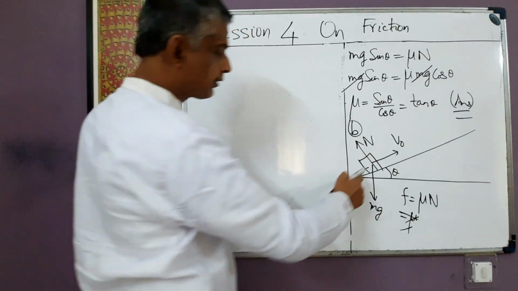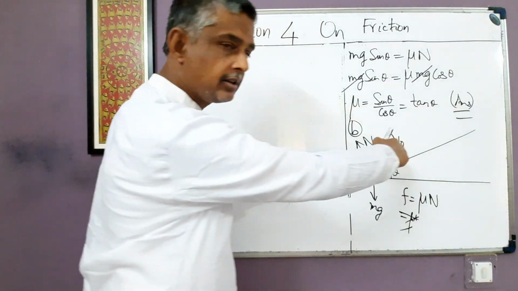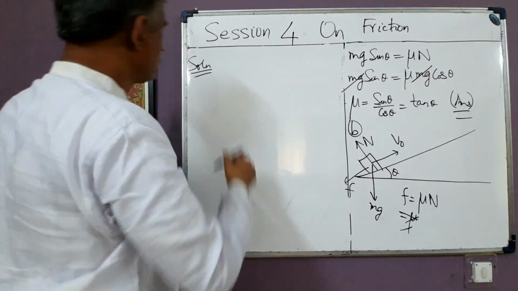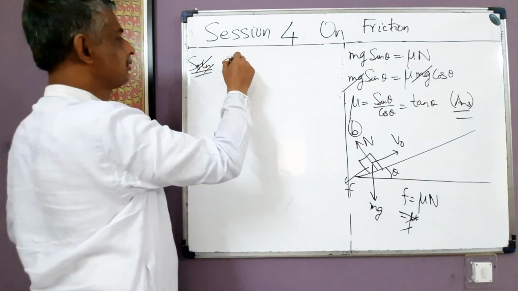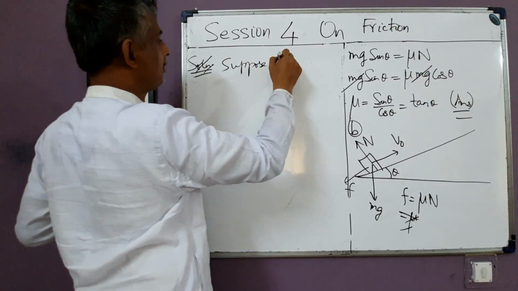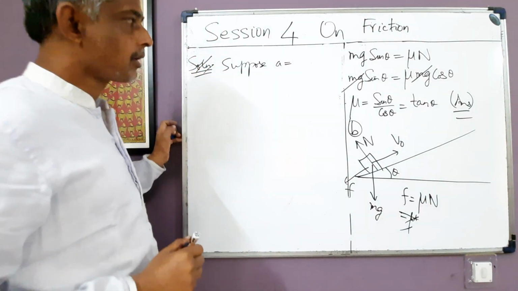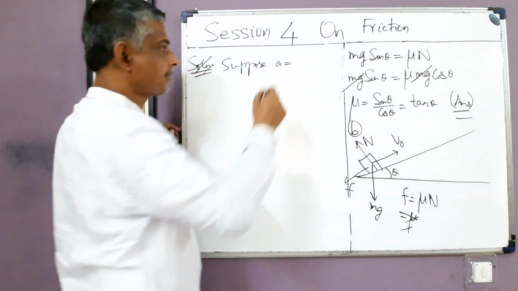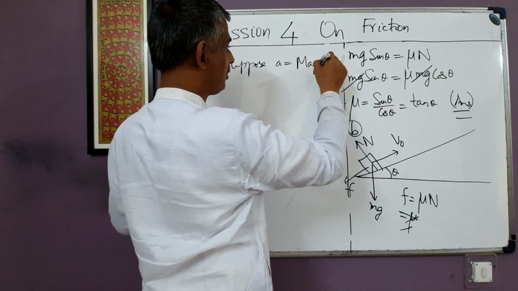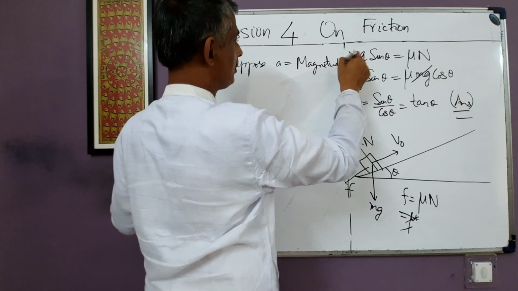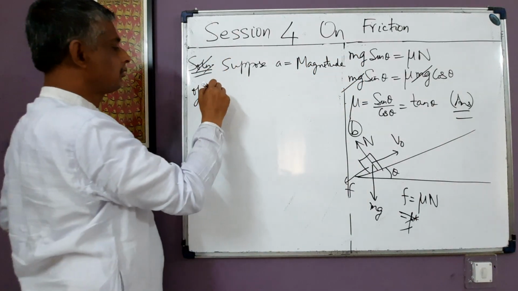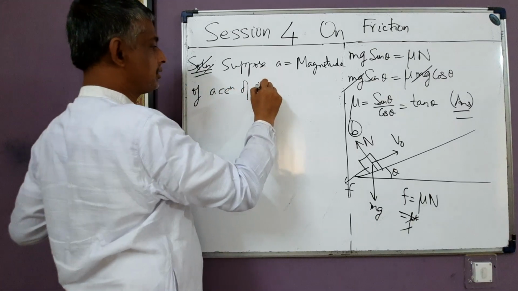So the acceleration of the block while moving up the incline is in the direction down the incline. So let us take A as the magnitude of acceleration of the block.